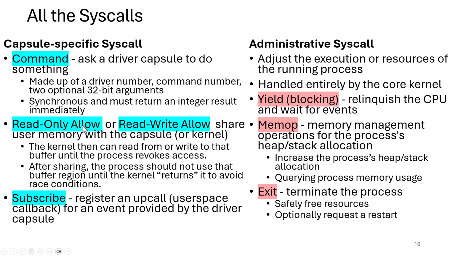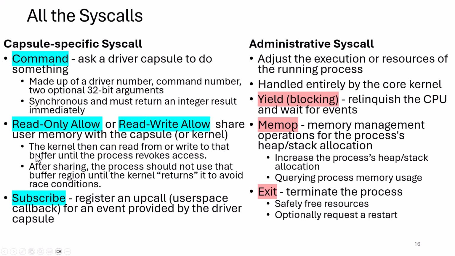The read-only allow we saw is how the user process shares user memory with the capsule or kernel. If the kernel needed to also write values, let's say there's some serial network communication where the user process is sending data and then it wants to receive data from somewhere else, in that case the kernel would need to write the data it's receiving, so using the read-write-allow.